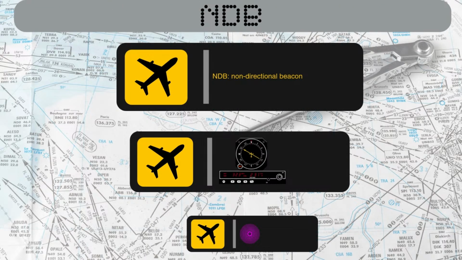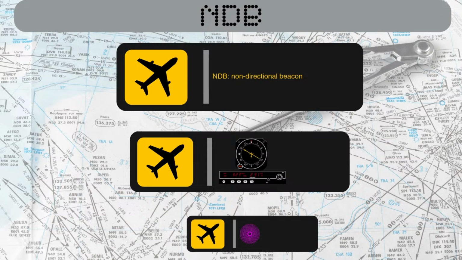Now, the next one is the NDB, right? The NDB is another type of beacon which you can use. Let me see if it comes up on the screen. Here it is, the NDB, the non-directional beacon. As you can see on the bottom, it sends out a signal in all directions. What's important to understand is that the arrow always points to where you need to fly to.